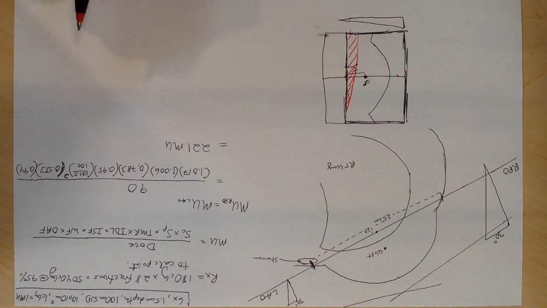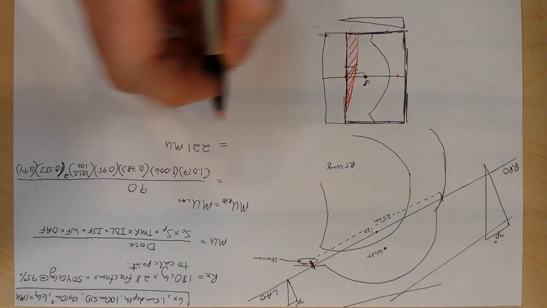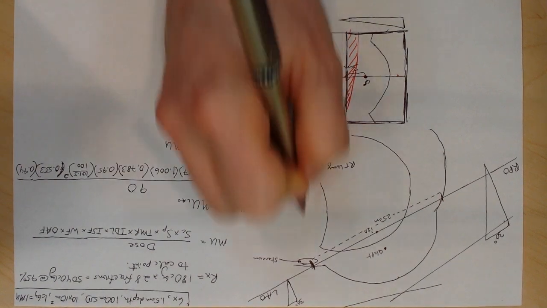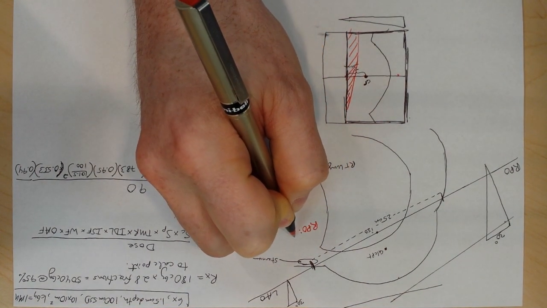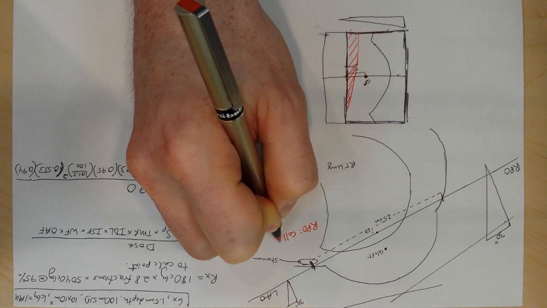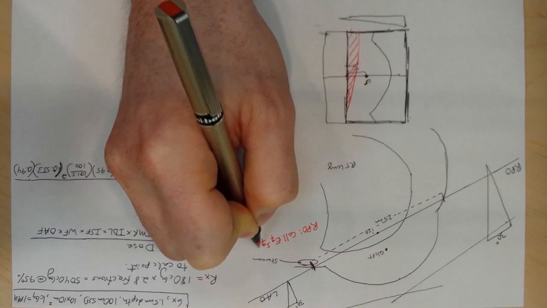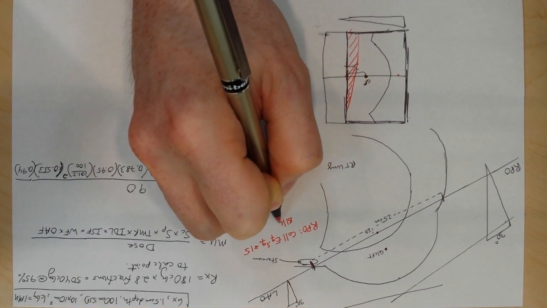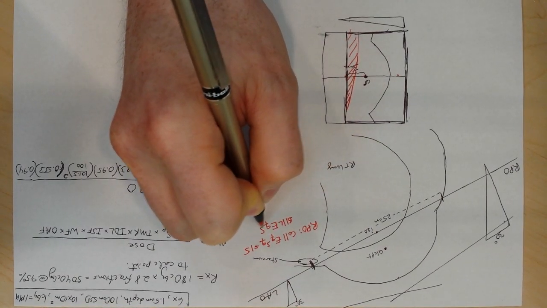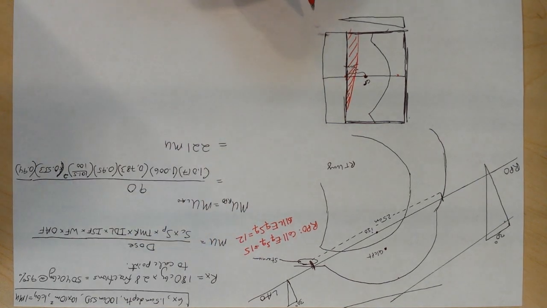My equivalent square field sizes from the RPO equals the LAO, but I'm going to say my collimator equivalent square is 15, and I'm going to say my blocked equivalent square is 12.